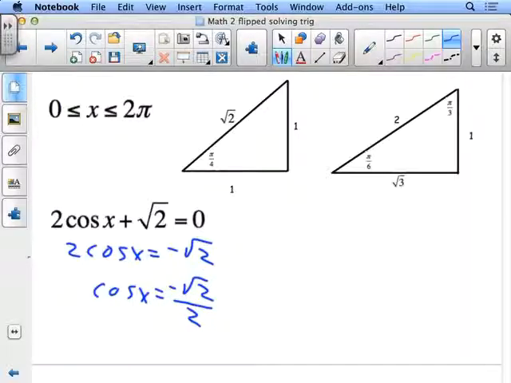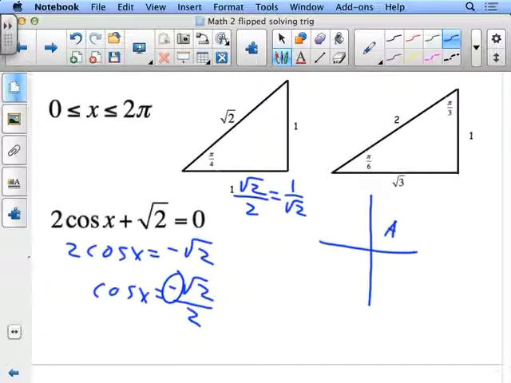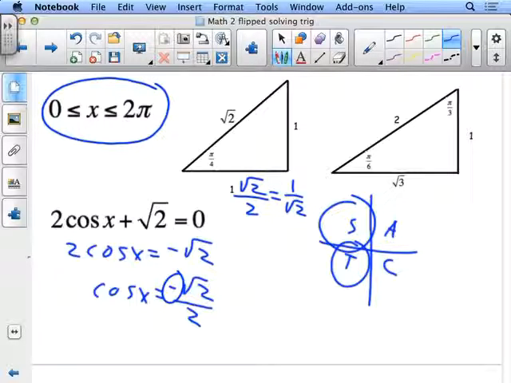One of the things I need to remind you is that anytime you see square root of 2 over 2, that's the same thing as 1 over root 2. So, since we have a negative sign here, we know that cosine is negative over here, and since we have this range, that's one time around the circle.